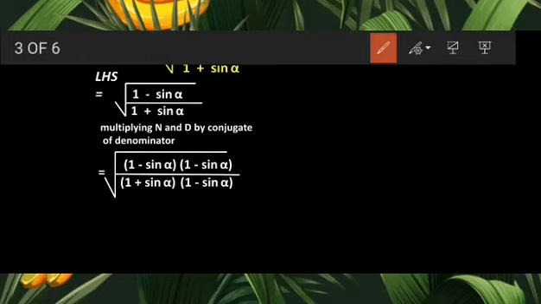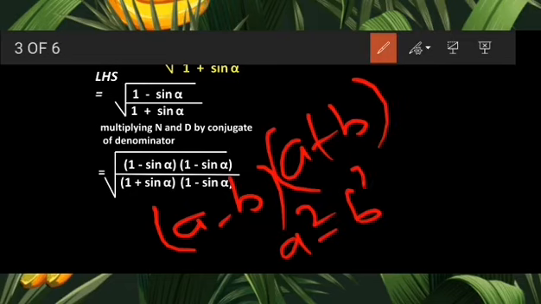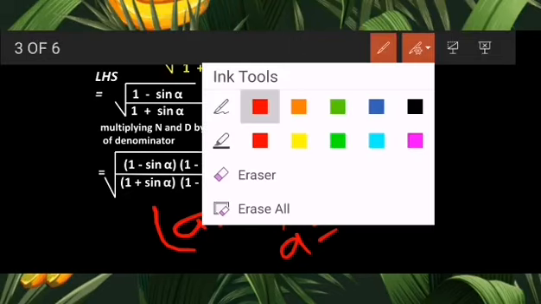One bracket consists of plus, another bracket consists of minus. That means it is nothing but one identity that I'm going to write on the screen: (a minus b)(a plus b) results in a square minus b square, correct? You must remember and you must apply this identity to get the answer correct, right?